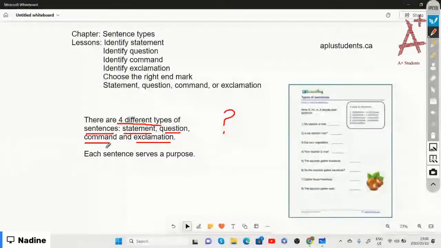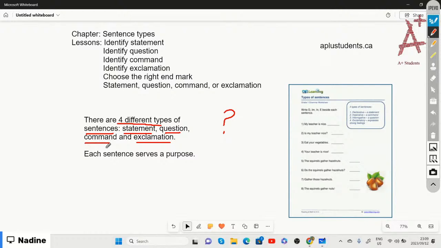That is not basically what a command really means in the sentence. Unless depending on how you say it and with what type of emotion or tone, the command can sound a bit harsh. But a command is basically just saying things like, close the door, do your chores, pick up your toys. So that is a command.